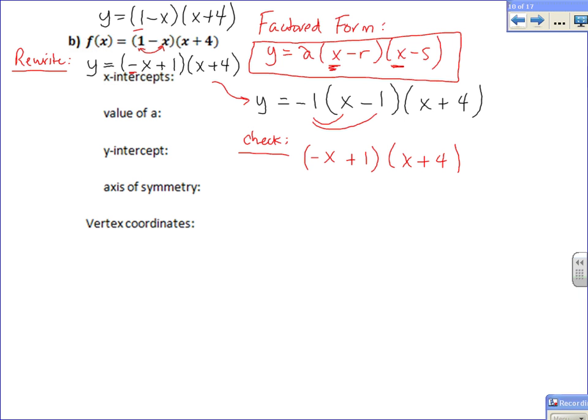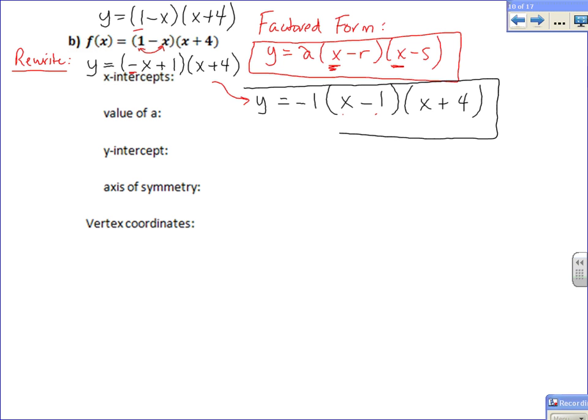I don't have to always do that check. I could even do it in my head, but it's not a bad idea just to confirm that yes, indeed, I have factored that out correctly. So I've rewritten my equation now in factored form. Done. Now I can solve for the x-intercepts, and I can also solve for a.